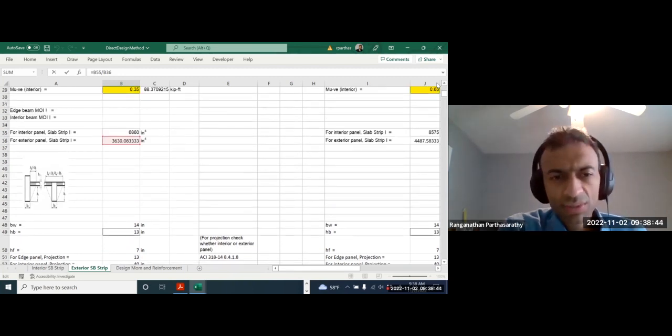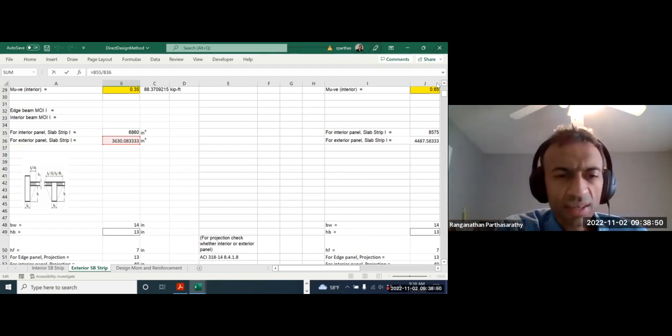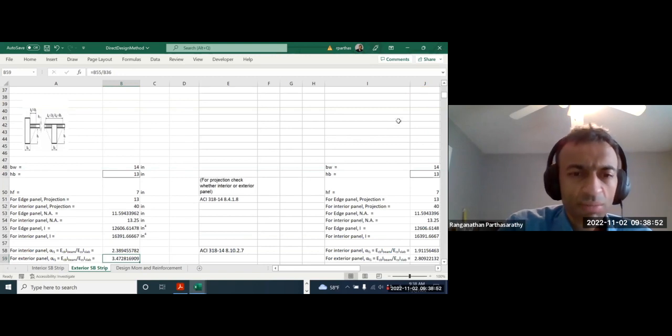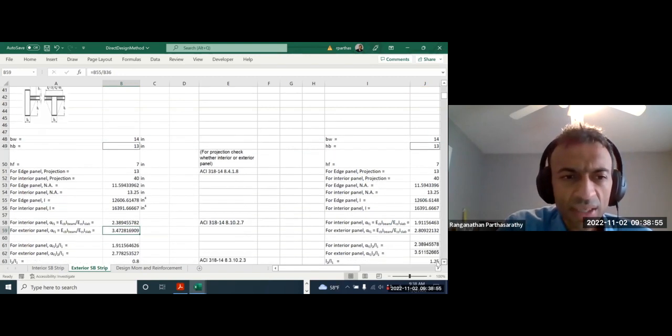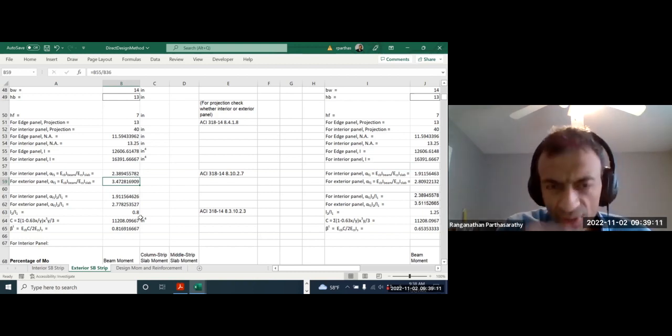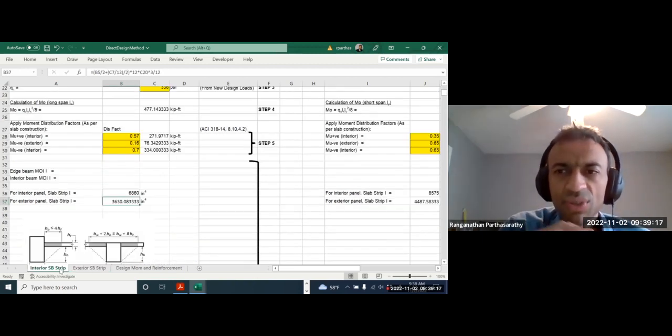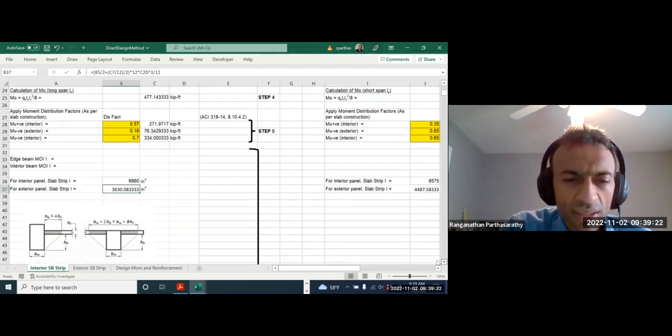The confusion is because in the Excel sheets, I have put both exterior and interior panel, but we are not using both. If you check the calculations carefully, for exterior slab beam width, the interior panel calculation is irrelevant. So when you're using the sheet, if there are any irrelevant things, feel free to delete them. It will not be used in the remainder of the sheet. Sometimes I put it there, so it could be a bit confusing.